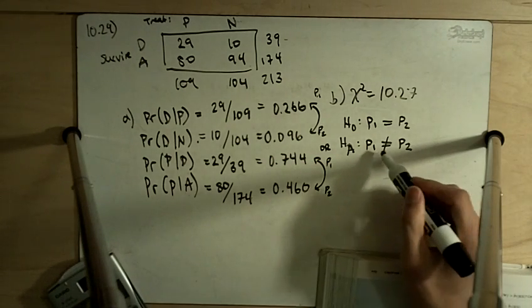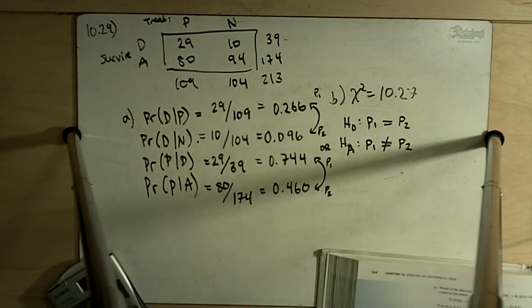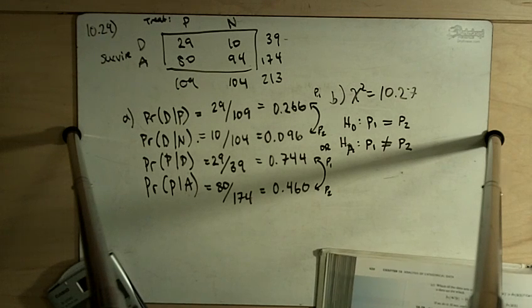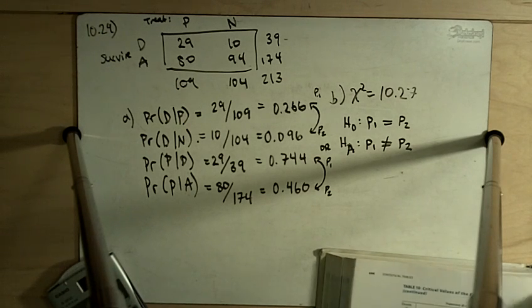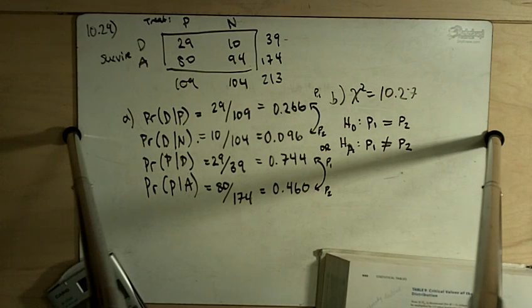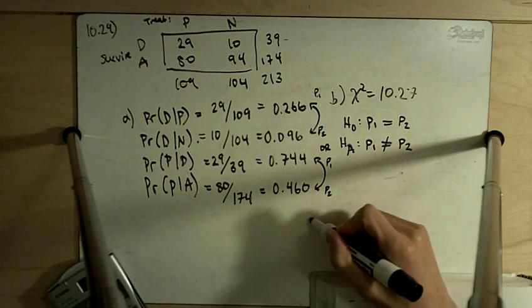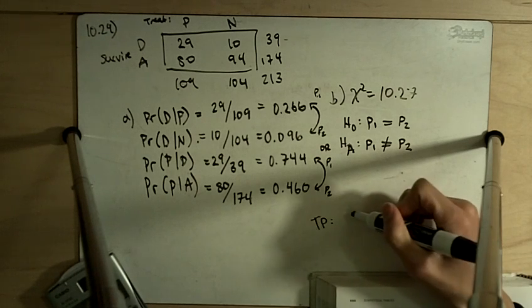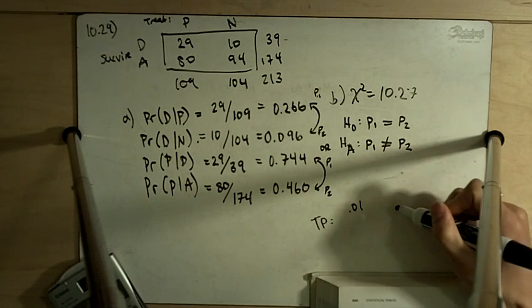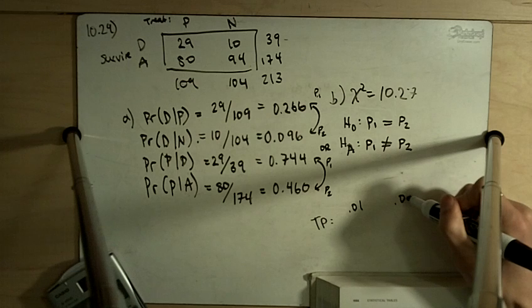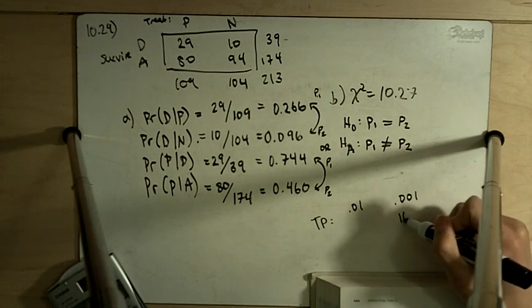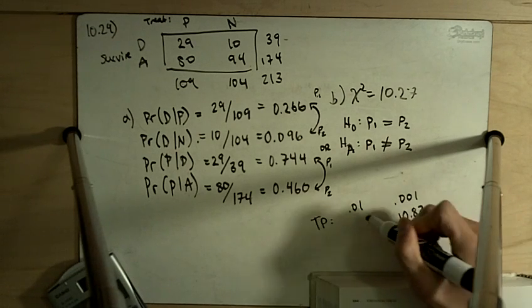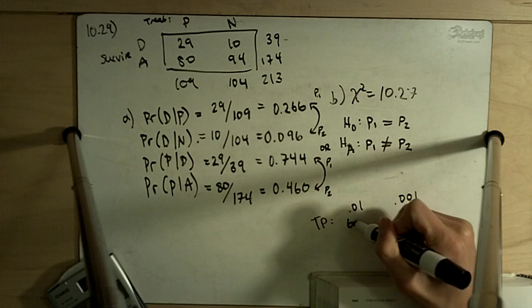Because it's a non-directional alternative, we look up 10.27 with 1 degree of freedom in our chi-squared table, and we see that the tail probability is going to be between 0.01 and 0.001. 0.001 is 10.83, and 0.01 is 6.63.